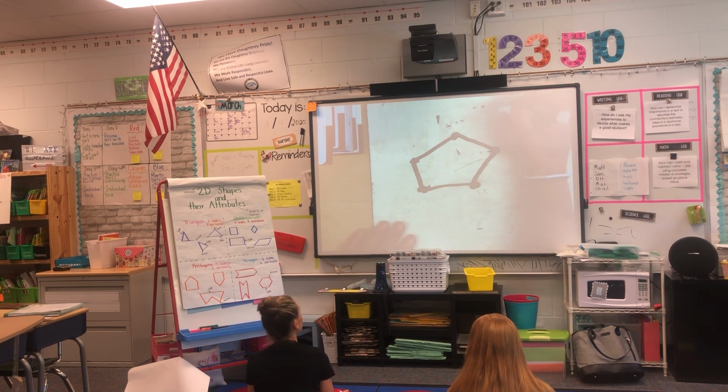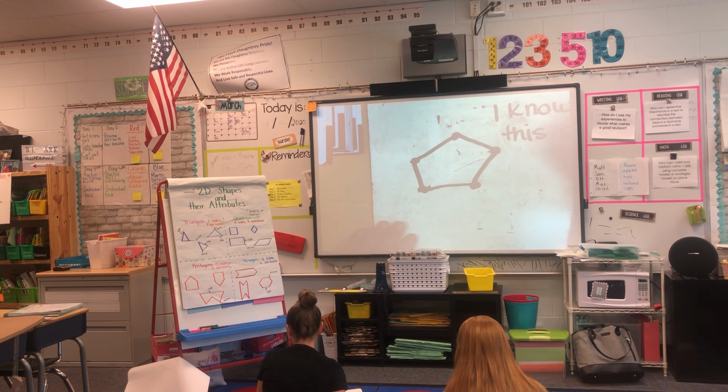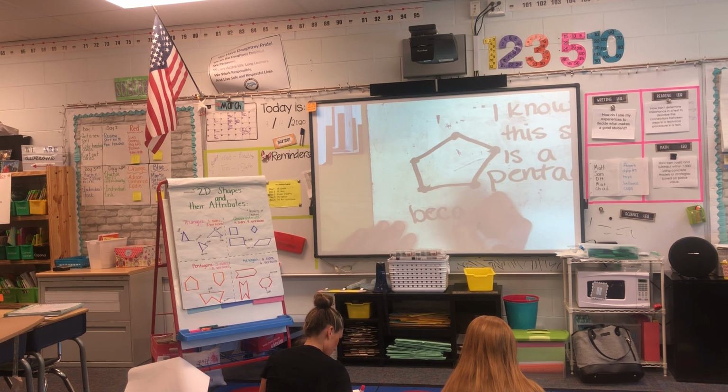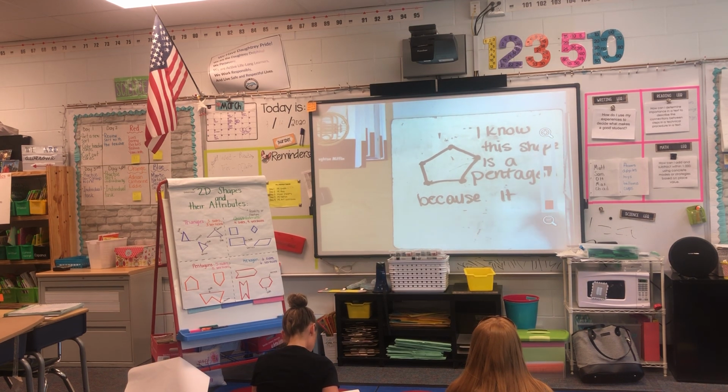I know this shape is a pentagon because, why? Because it has 5 sides and 5 vertices. We can't see it all on the screen. I will zoom out.